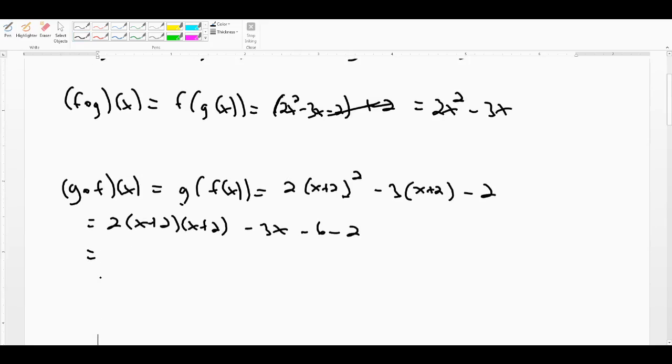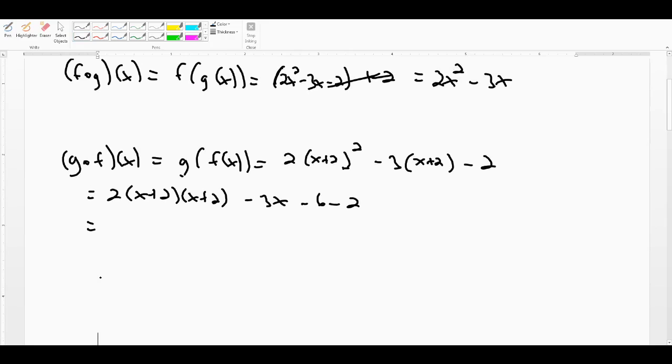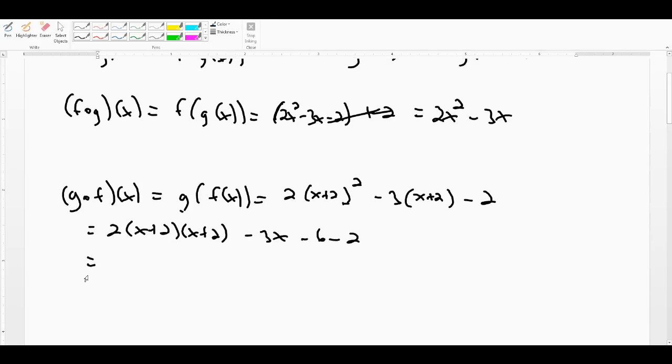And on this one, use the FOIL method. I'm ignoring the 2 for now. Taking x times x plus 2, which is x squared plus 2x. And then 2 times x plus 2 is 2x plus 4. Bringing everything else down.